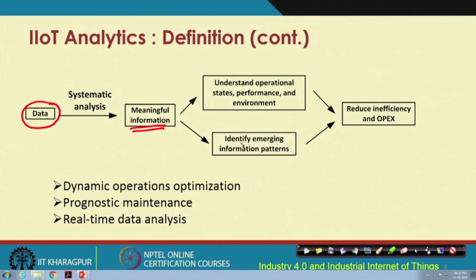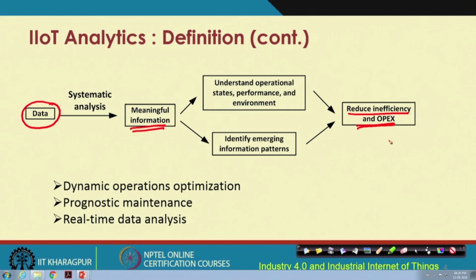Overall, the idea is to reduce the inefficiency and also to reduce operational expenses that might otherwise get incurred if you have a bare bone kind of system deployed for manufacturing and process execution.